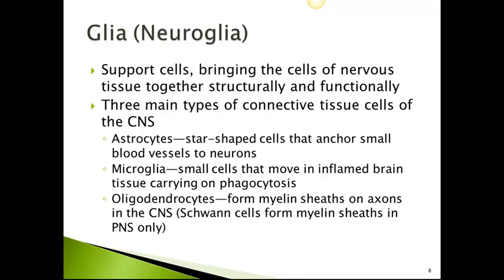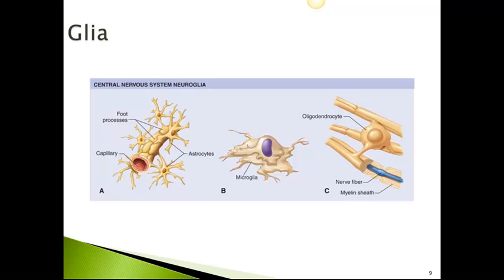Schwann cells form myelin sheaths in the peripheral nervous system only. And myelin is usually a white fatty substance. So here's a picture of glia of the central nervous system, and as you can see, astrocytes have extensions attached to the blood vessels.